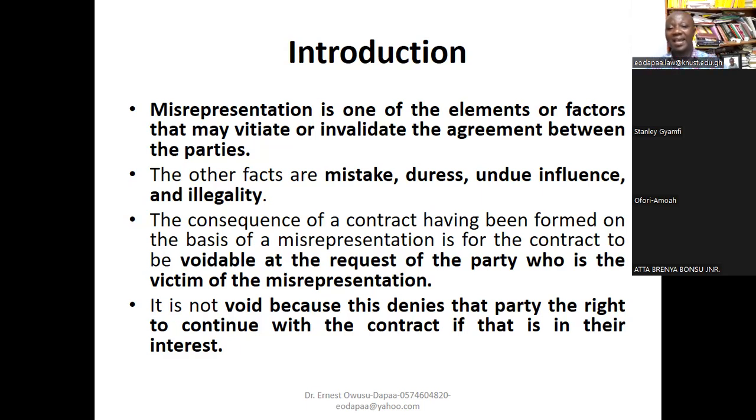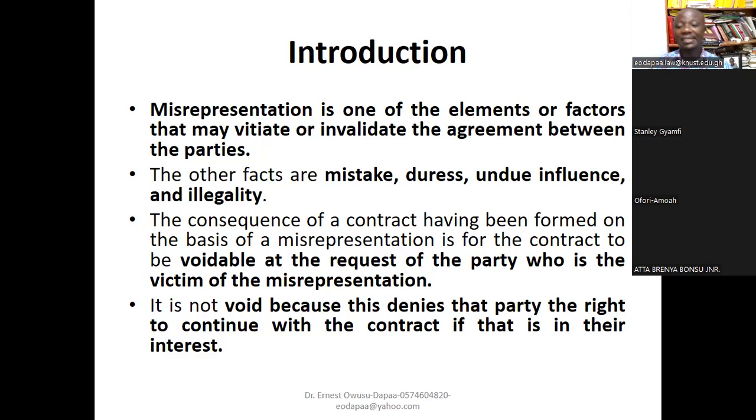Now, where a contract has been made as a result of misrepresentation, then such a contract is voidable at the request of the party who is a victim of misrepresentation. So mind you, we are not saying the contract is void. We said it's voidable.